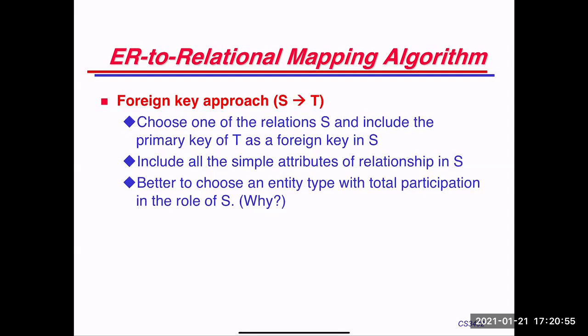If I don't have a total participation, if I only have partial participation, then I might have some tuples in my relation S where the foreign key has a null value, simply because that specific entity instance does not participate in the relation with T. Okay.